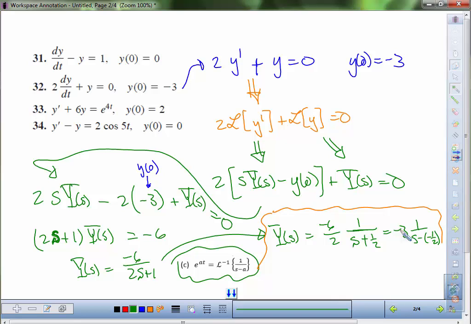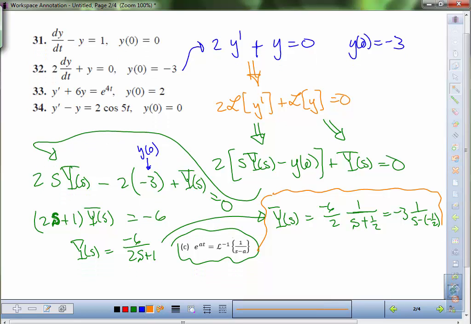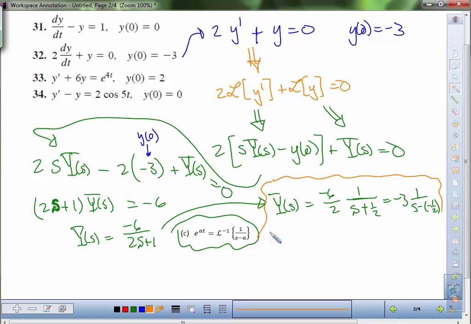Good? Now we take the inverse L. We take it back to the real world. I should have taken that negative 3 out, but I'll just leave it there.